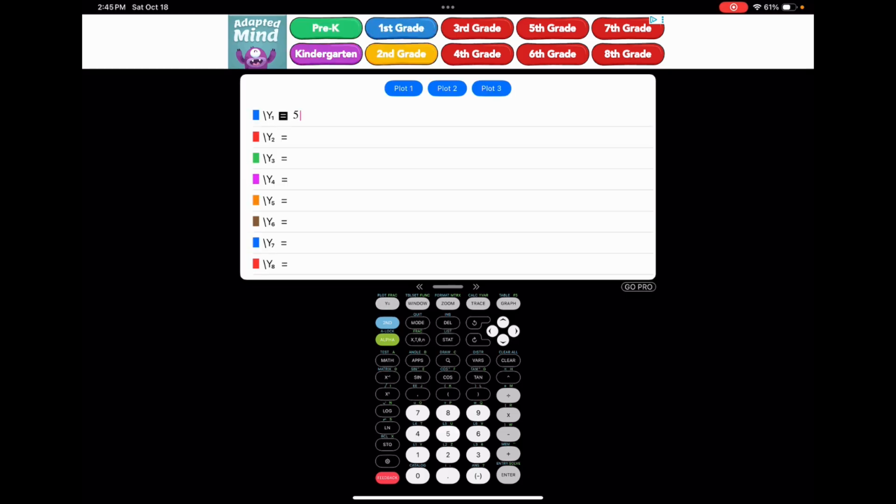All right, so 5 parentheses sine ln of x. There's going to be 3 parentheses there, 1 for the ln, 1 for the argument, and 1 for the sine, and all that is squared.